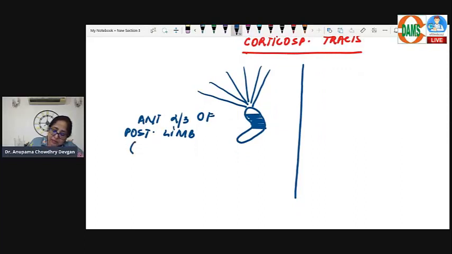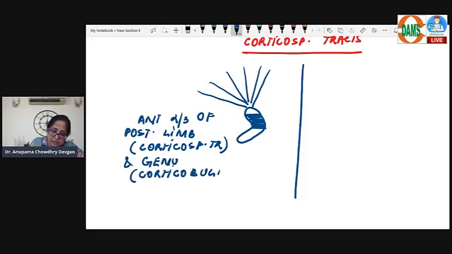Anterior 2/3 of the posterior limb will be the corticospinal tract. And the genu is the corticobulbar tract. Corticobulbar tract, right?